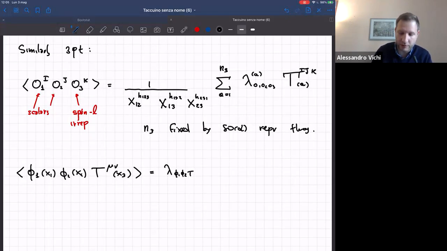I'll just copy the formula and then I'll specify. Then there is the usual denominator. I'm not going to rewrite it. And then this tensor structure, in this case, is particularly simple.